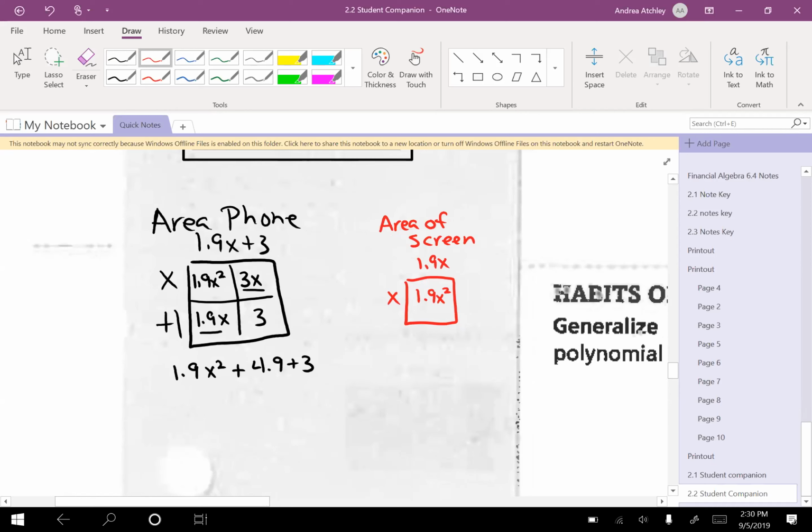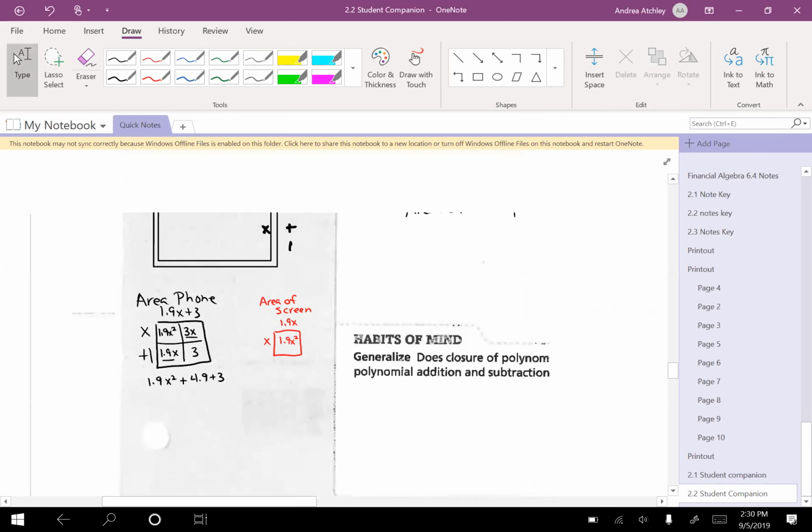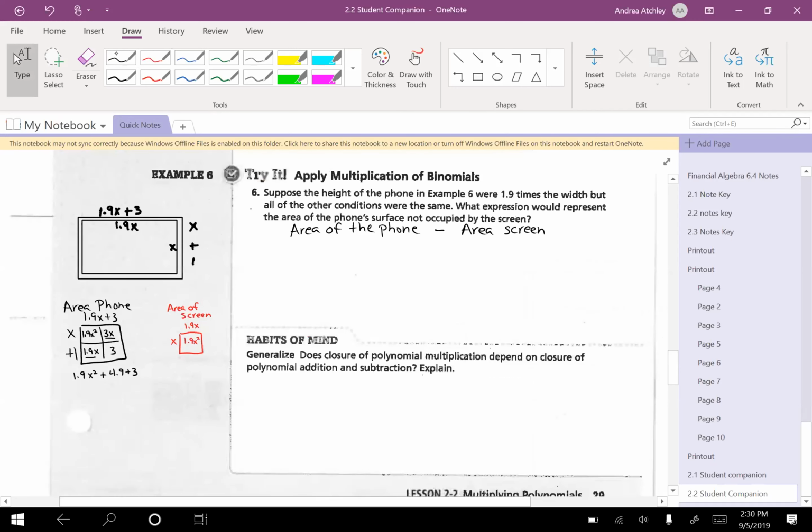Once we find that area, then we're just going to plug it in here. The area of the phone is 1.9x squared plus 4.9x plus 3. Oops, I forgot to put an x there. And then the area of the screen is 1.9x squared.